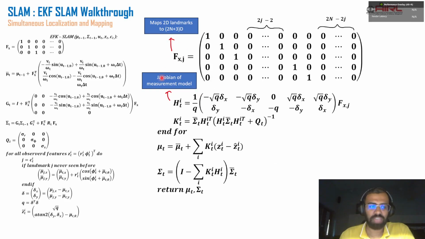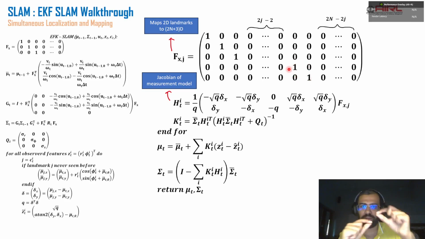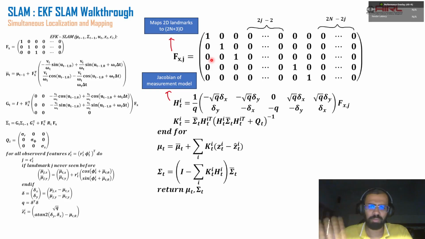So this Fxj is that matrix. It's going to take the 2D landmark, whatever landmark I detected, right? So let's say 2j minus 1 and 2j, out of 2N, what it is doing is just preventing that particular landmark's x and y location from getting masked out. So it's going to take my masked output and use that for my Jacobian, I mean, when I update my matrix using the Jacobian of the measurement model.